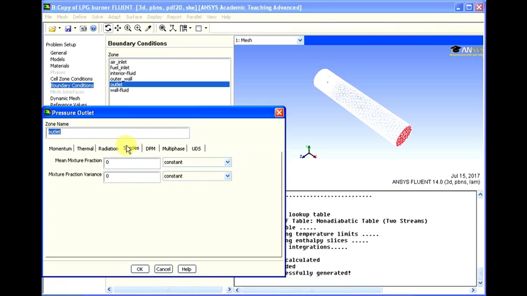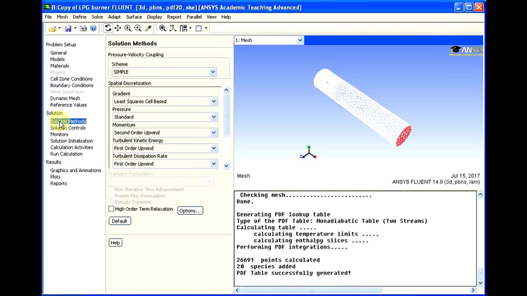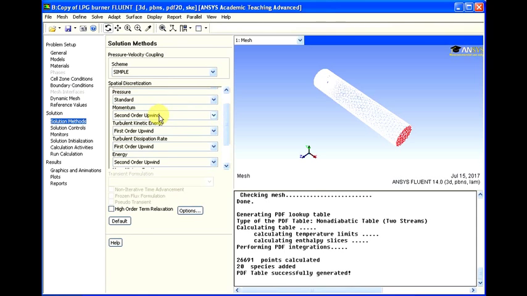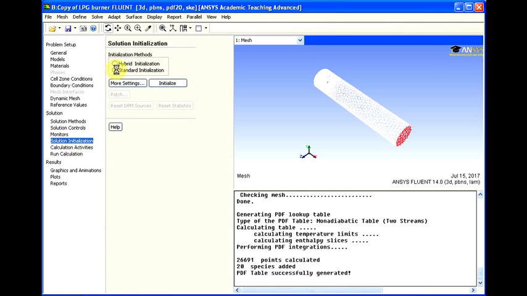Here we don't have any fuel backflow, so it is 0. For solution, we will leave it as default. The geometry is not very complicated, so we don't have to use first order then change it to second order. Also, relaxation factors, we don't change anything.